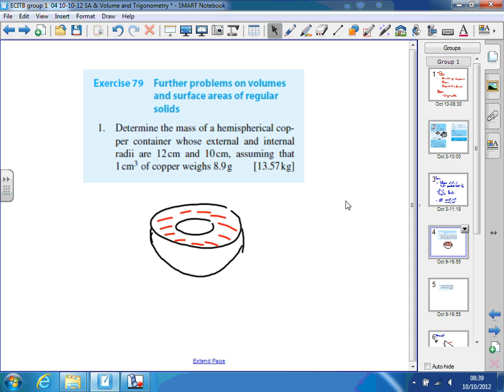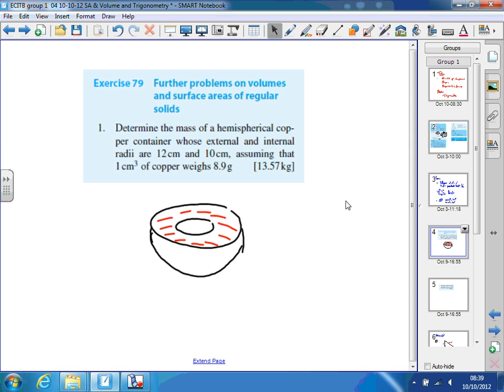One cubic centimetre would weigh, did you say? Well, we know that 1 cubic centimetre of copper weighs 8.9 grams. So if we could find the volume of this thing, then we just times that by 8.9 and we've got the mass, haven't we?